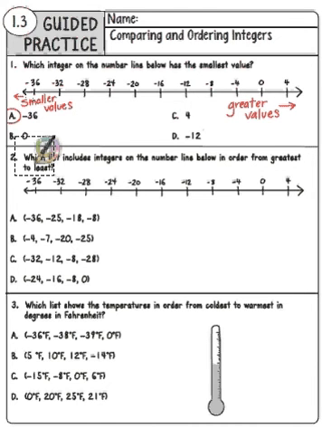Okay, so let's move on to the second one. And it says, which list includes integers on the number line below in order from greatest to least? So using our number line, which of these sets of numbers here shows us the numbers from the largest, the greatest number, to the smallest or least number?